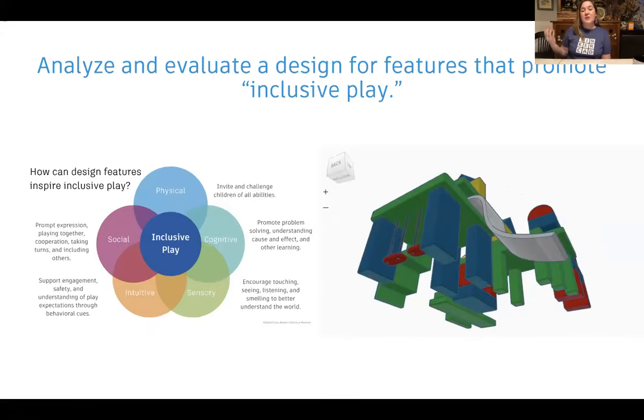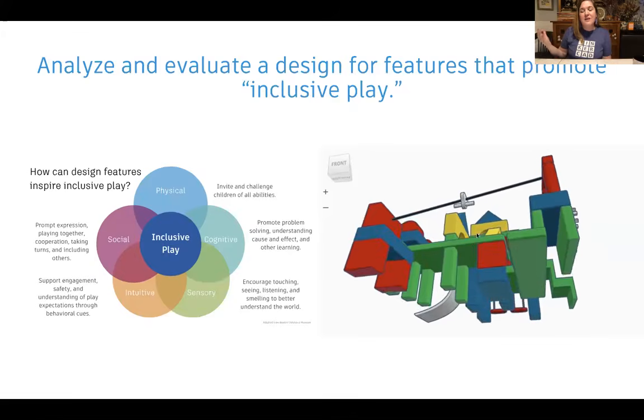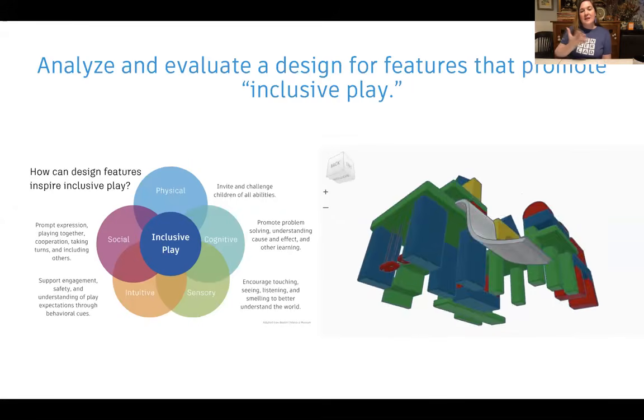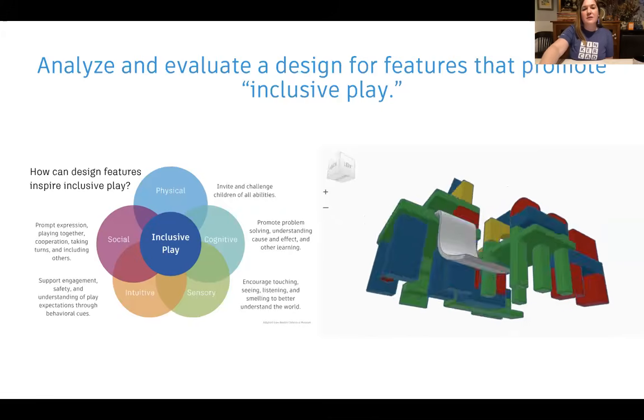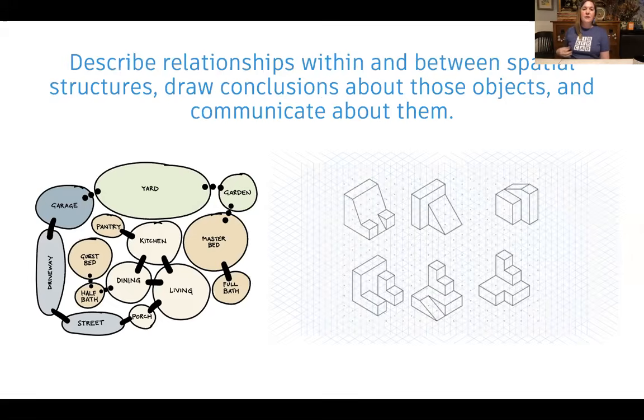Within the lesson, there's also a Tinkercad model of a playground, and students can use this as a way to analyze and evaluate the design, to think of ways that they can improve upon it to make it more inclusive. You can also, through this lesson, have students think about spatial relationships and really build upon their spatial reasoning.